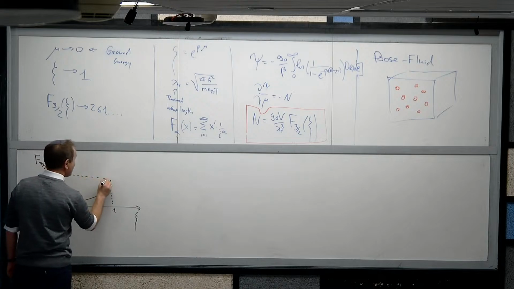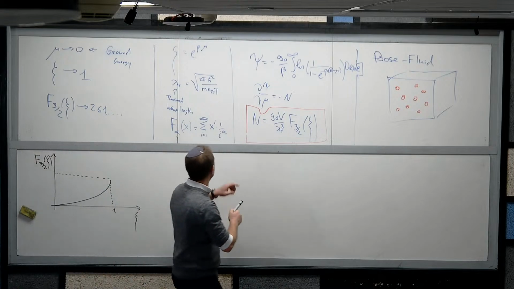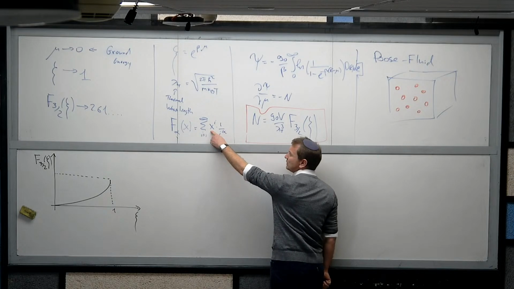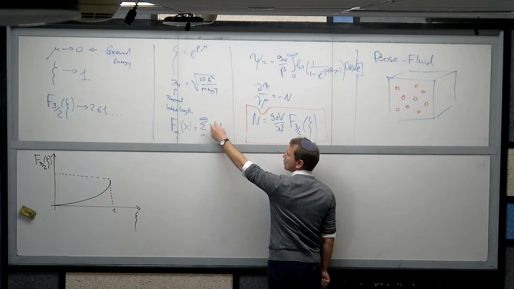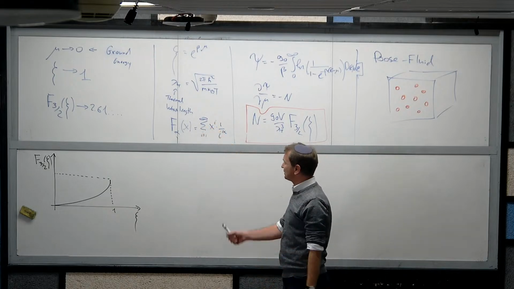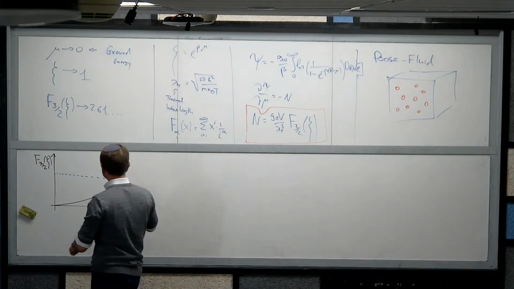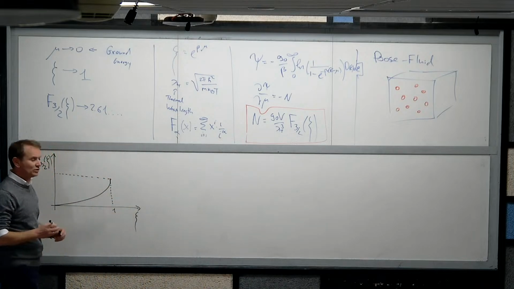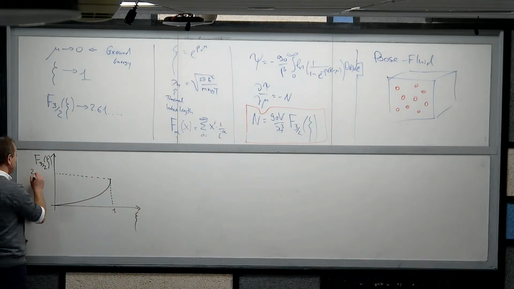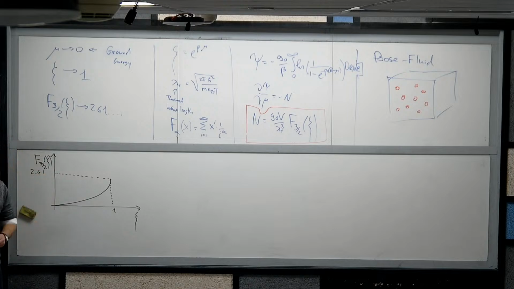Of course, when you look at this definition, when x is larger than 1, we have something to the power i, and this something is larger than 1, so the function will diverge. But exactly at 1, it converges to a constant value, smaller than infinity, which is 2.61.